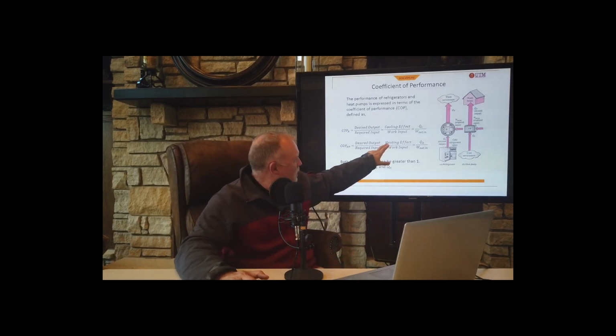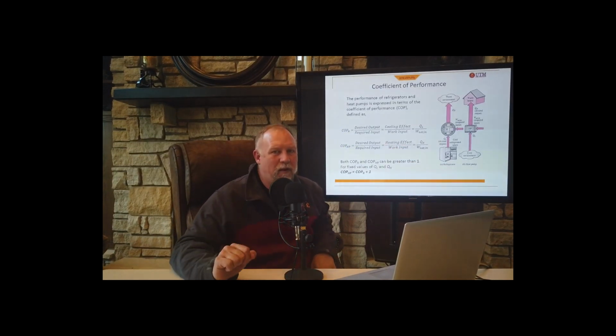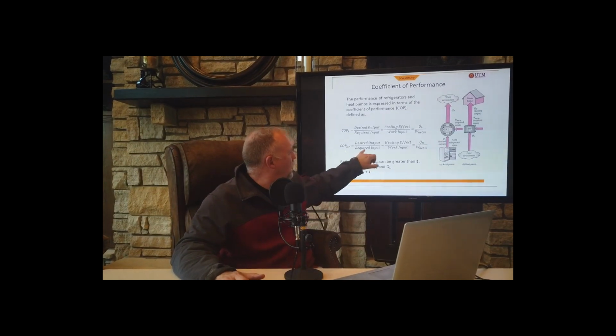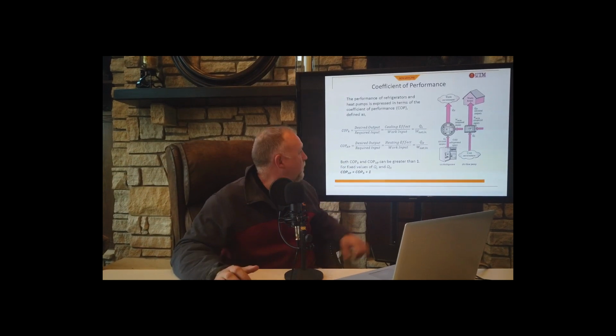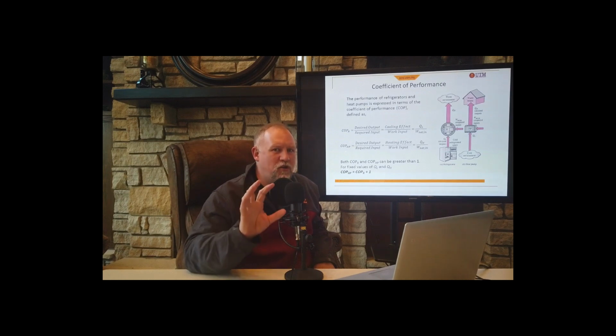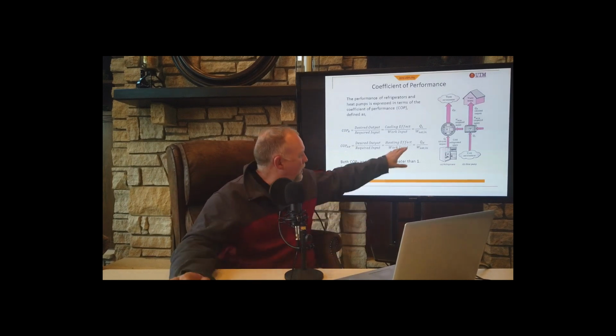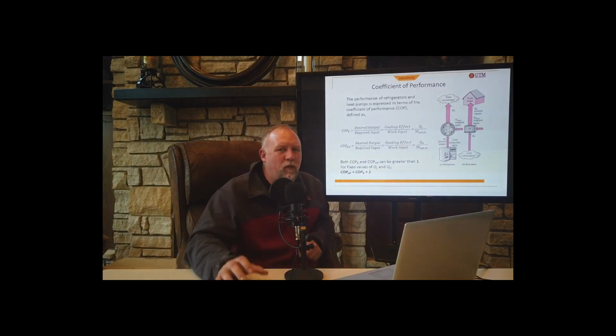Here, the heating effect over work input, we can measure both of those in kilowatt hours. Understand though, work input is in kilowatt hours of electricity. Heating effect is in kilowatt hours of heat. Understand the difference. These terms are used for energy, but in one case that's energy in electricity form, and in the other case that's energy in heat form.